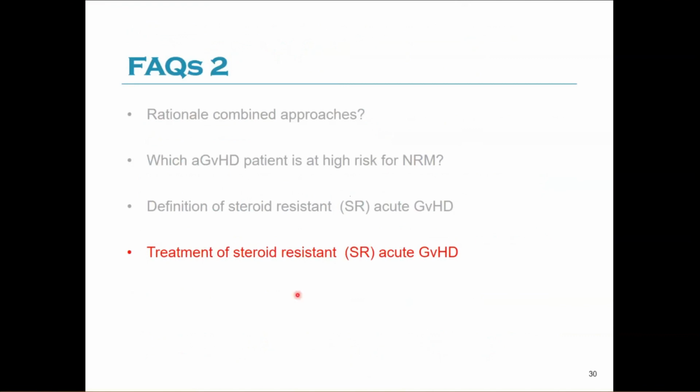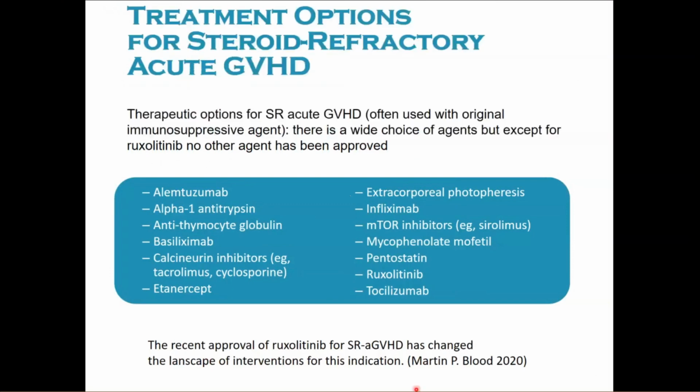So the next question is, how should we treat steroid-resistant acute GVHD? What are the treatment options for steroid-refractory GVHD? Therapeutic options for steroid-refractory acute GVHD are often used with original immunosuppressive agents.